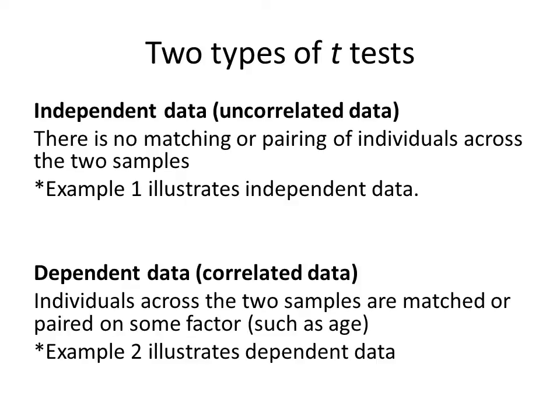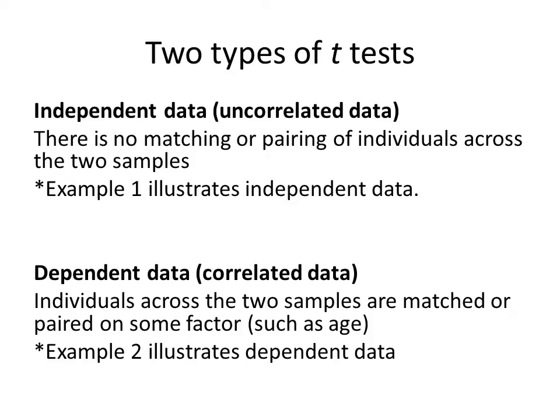Now, there are two types of t-test. One is for independent data, and this is also called uncorrelated data, where there's no matching or pairing of the individuals across the two samples.